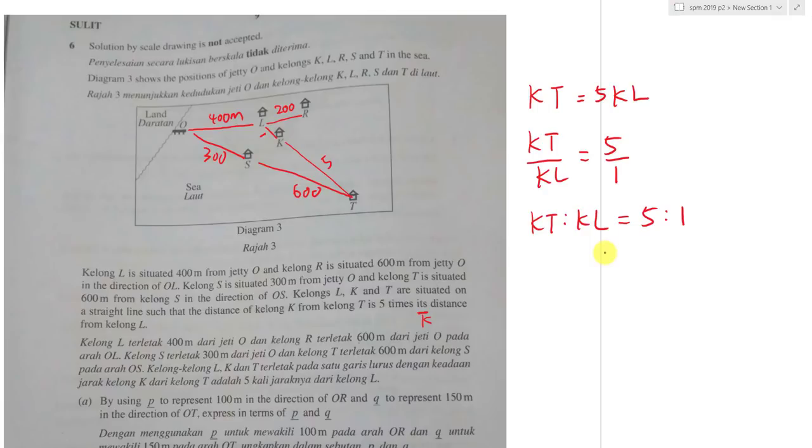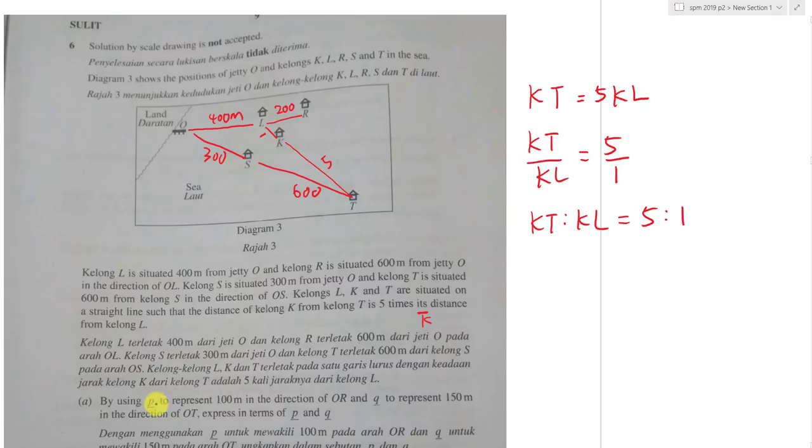Then the question asks me to use some symbols to represent every 100 meters. Let's check it out. P represents 100 meters in the direction of OR.